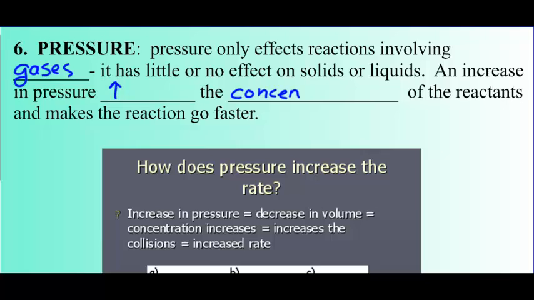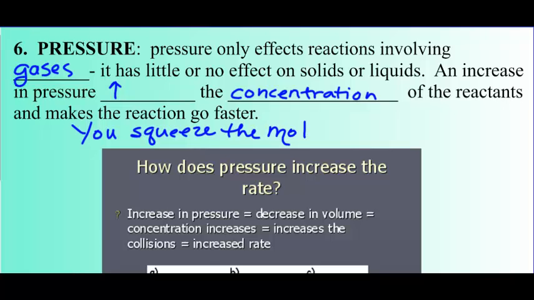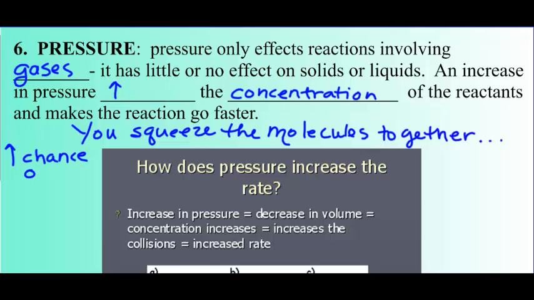You squeeze the molecules together, and if you squeeze the molecules together, you increase the chance of collisions. So by knowing factors that affect reaction rates, you can either speed up or slow down reactions depending on what you want to do. Again, I will show you many of these tomorrow in class in a demonstration.